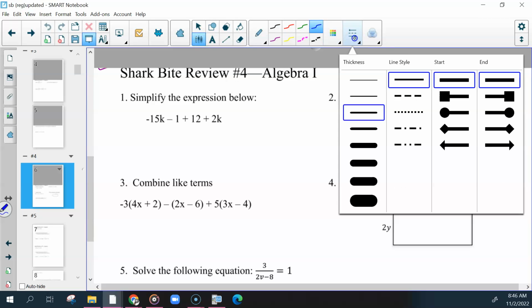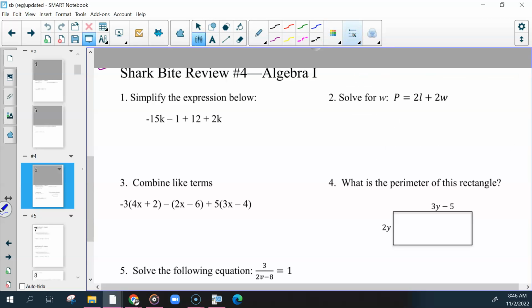2 should take you back to when we were doing literal equations, solving for a variable when there's a bunch of other variables. So for W, the easiest way to do this would be get rid of the 2L, subtract it to the other side. So we have P minus 2L equals 2W, and then divide everything by 2.